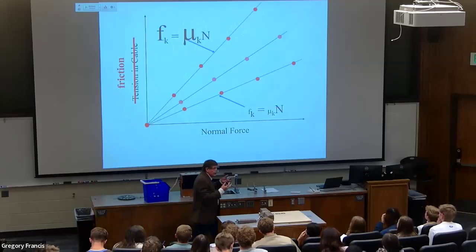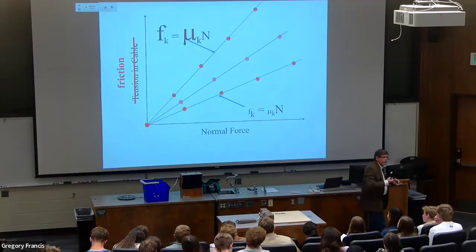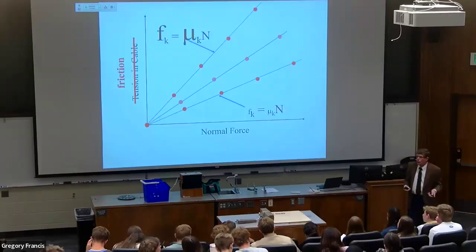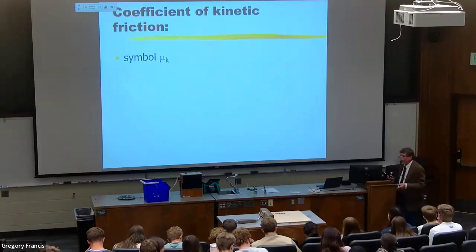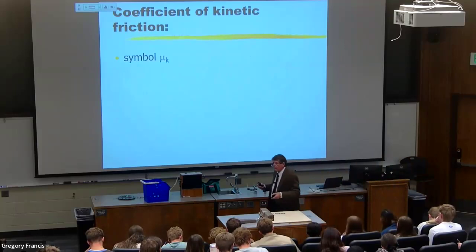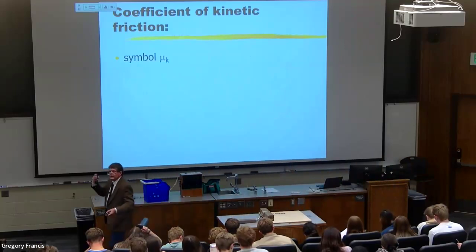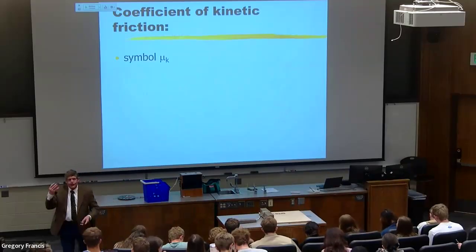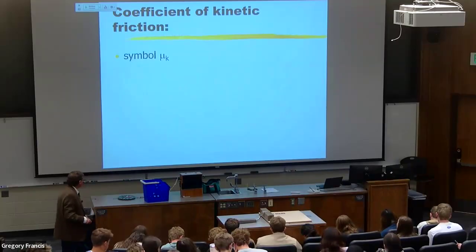And that constant then represents the roughness of the surfaces. That mu sub k, we call it the coefficient of kinetic friction, is a measure of how rough those surfaces are. And it's a different number for every two surfaces. Sandpaper on wood, hockey puck on ice, hockey puck on cement, every two surfaces.